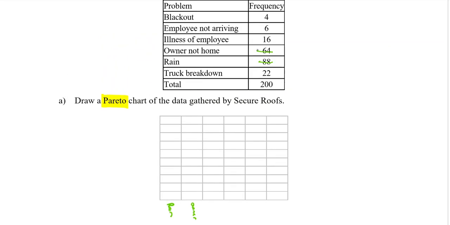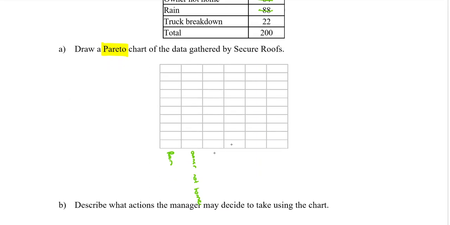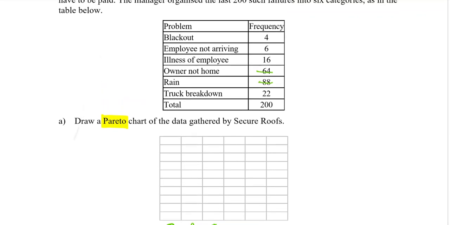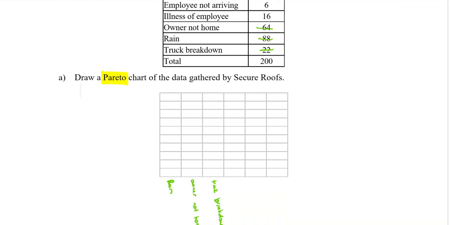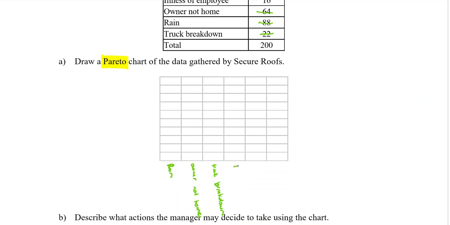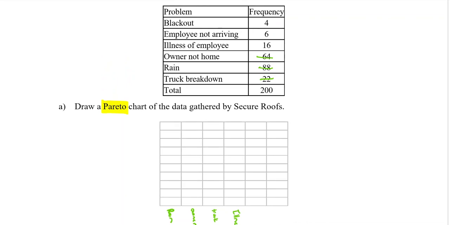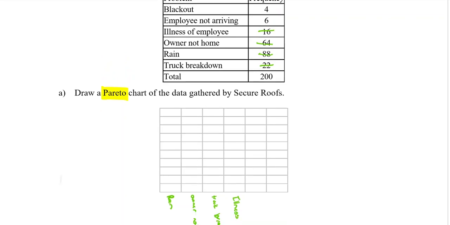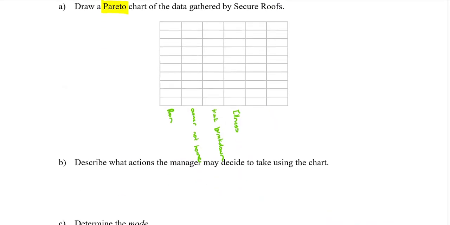Next biggest one is 22, the truck breakdown. Then illness of the employee, I'm just going to write illness. Then employee not arriving and a blackout.